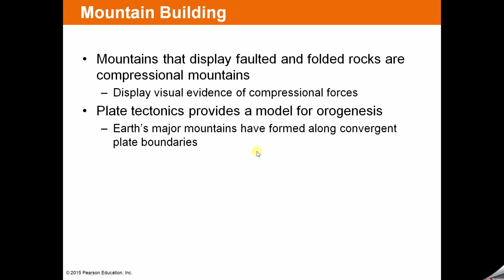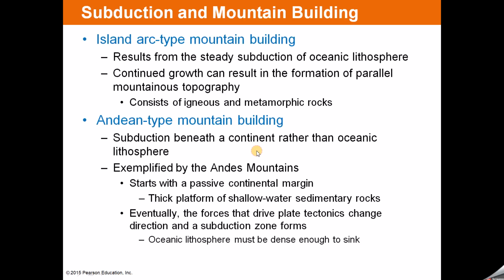So mountains form along convergent boundaries. Subduction and mountain building. Subduction zones are zones of convergent boundaries. We have island arc type mountain building, and we have Andean-type mountain building.